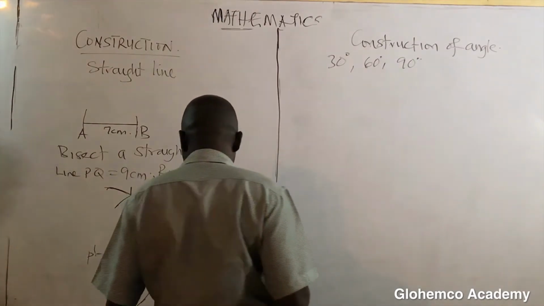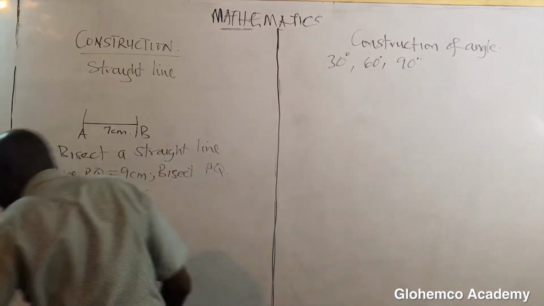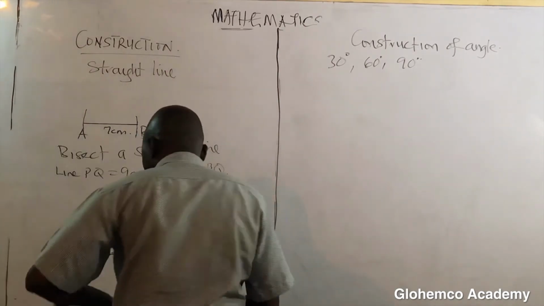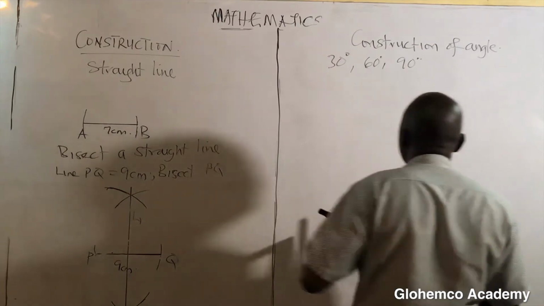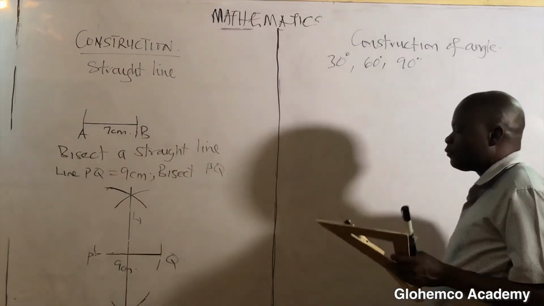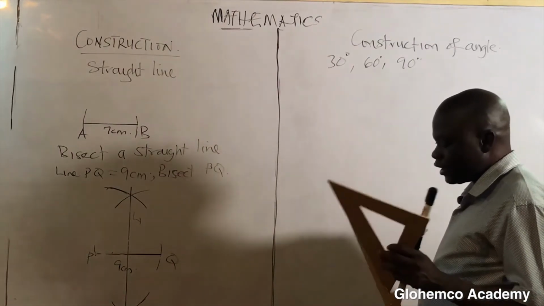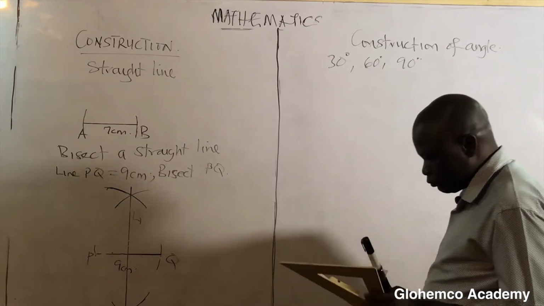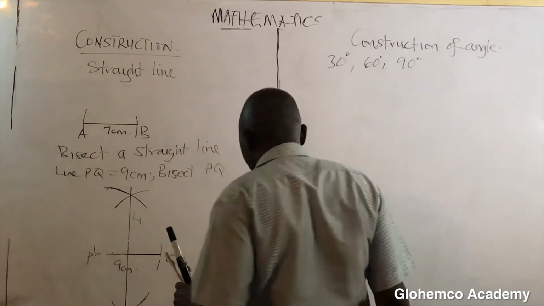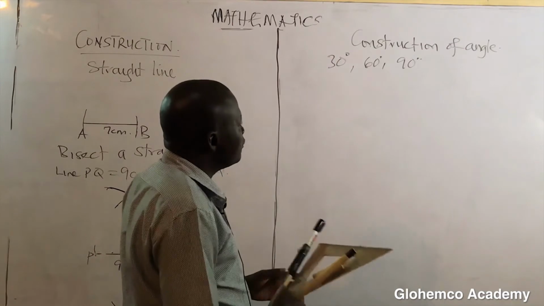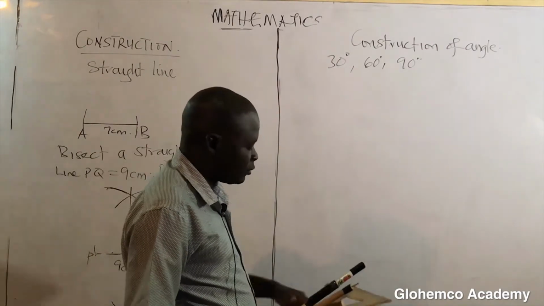Whenever you have to construct, you are to use ruler, pencil and compasses only for the construction. You are not expected to use protractor, because using protractor means you are getting the answer straight away. But this time around, you have to construct.